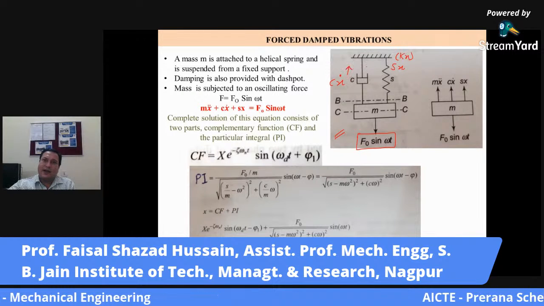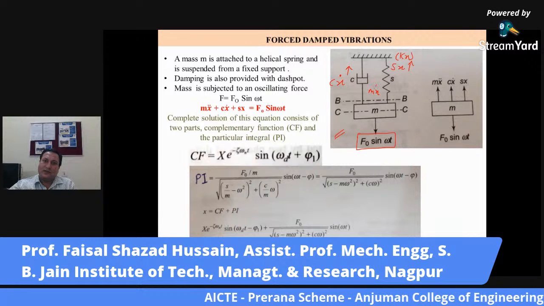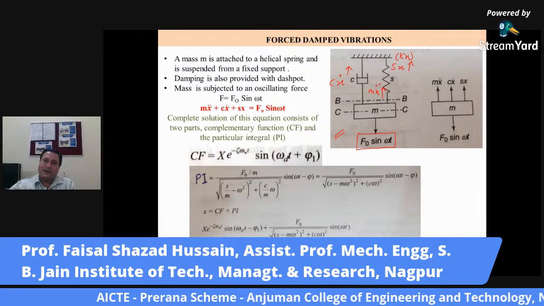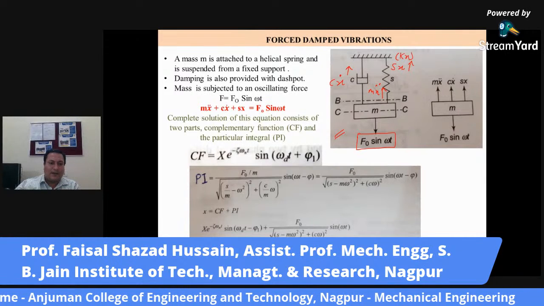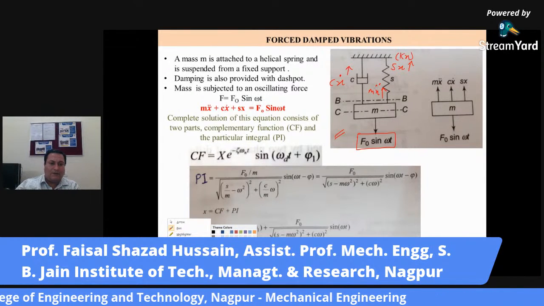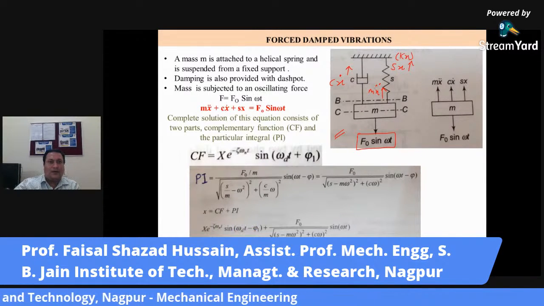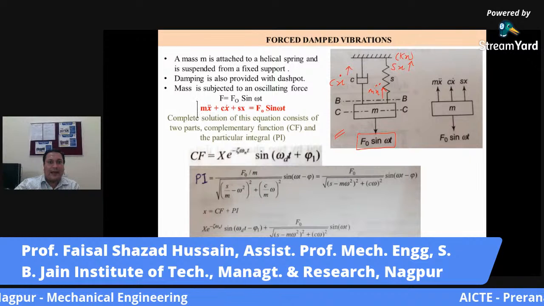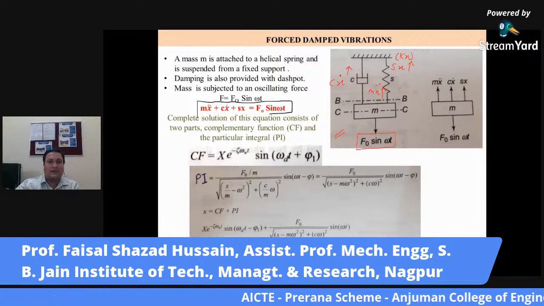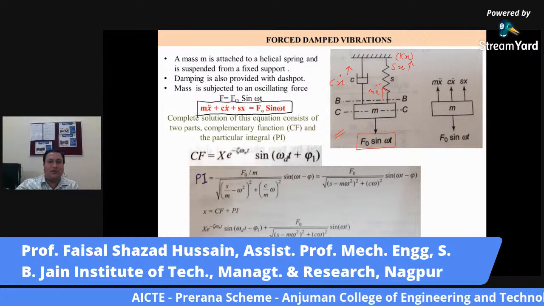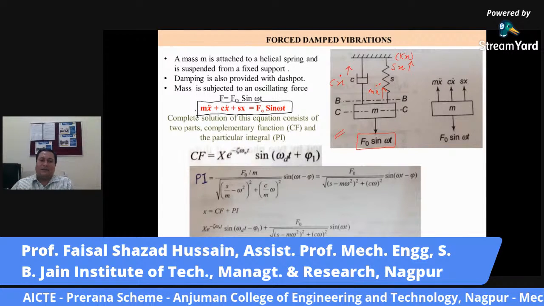Through the free body diagram, the direction of inertia force is upward, and this is your downward direction. So here, through the equilibrium method, I can say mx double dot plus cx dot plus sx equal to Fo sin omega t.